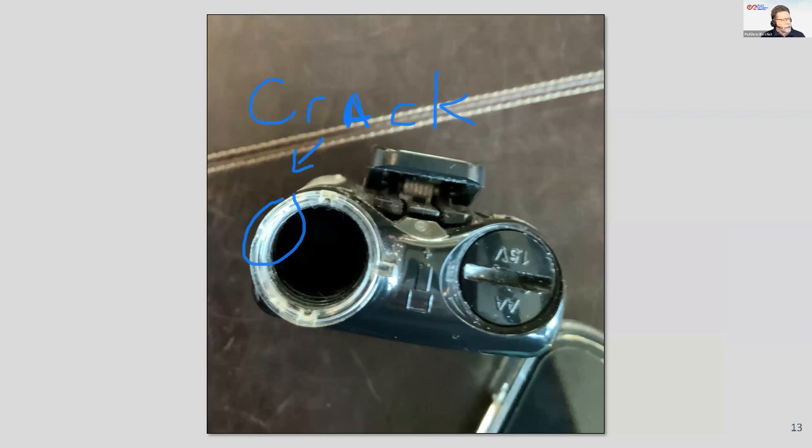And the one point I want to make on this particular slide is that while it apparently was clear to the attorney who took this picture, it is not clear to me where exactly the crack is and how extensive it is and how it might have affected the device.